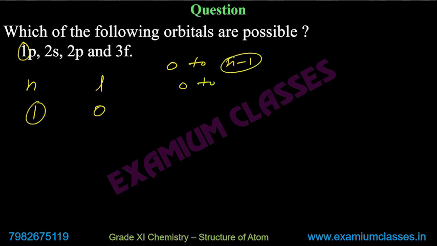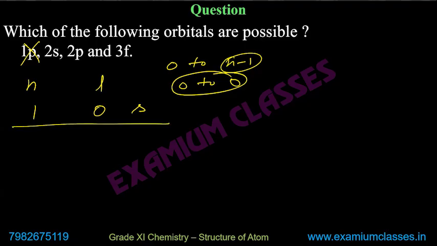So 0 to 0 means it will be 0 only. And 0 means it is s. p will not be there. It means this is not possible. First shell will not have p orbital. There will be only s orbital in the first shell, no other subshell.